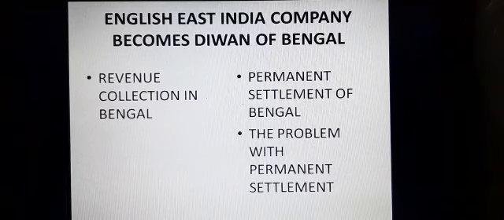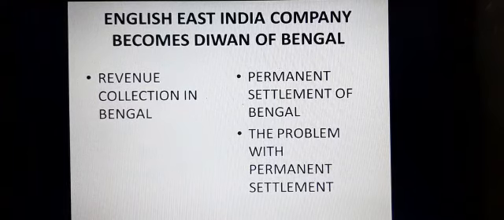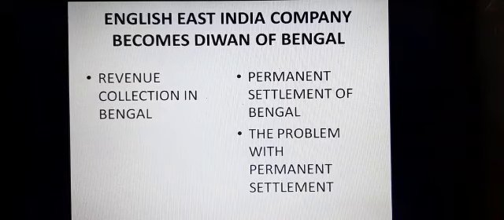Some lost their interest and they lost their land in the auction. It means auction was performed after a fixed period of time and the bidders also changed. The zamindars were also not interested in improving the quality of land.